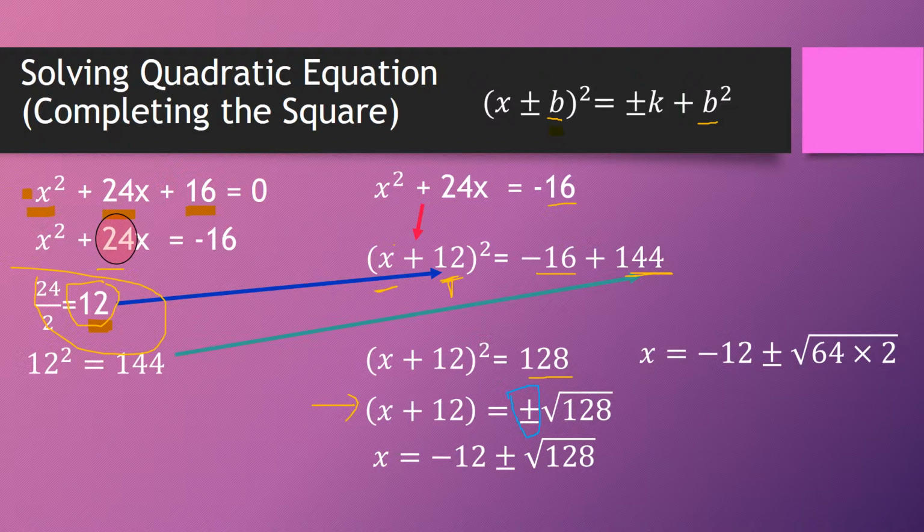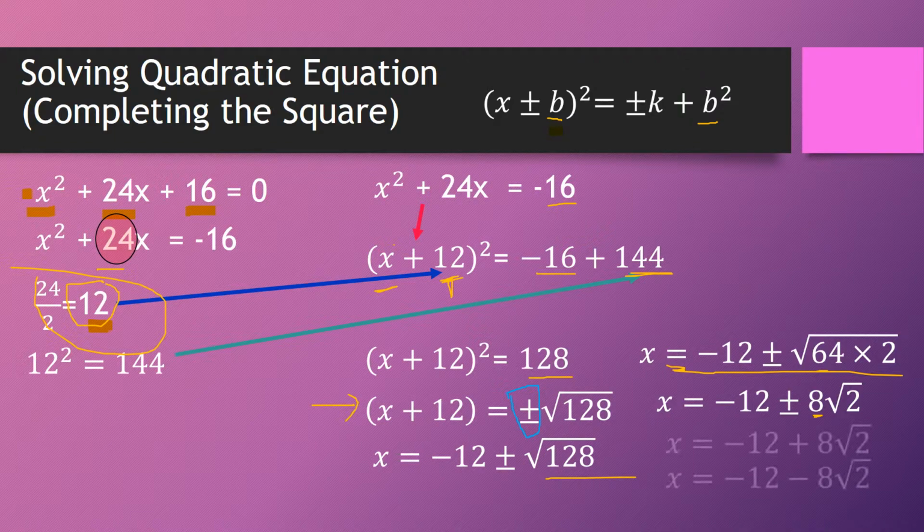Now, continue here in this step. You can represent 128 as 64 times 2. But now the square root of 64 is 8, and you keep 2 inside of the root, and finally it is negative 12 plus 8 square root 2 and negative 12 minus 8 square root 2. This is the final solution.